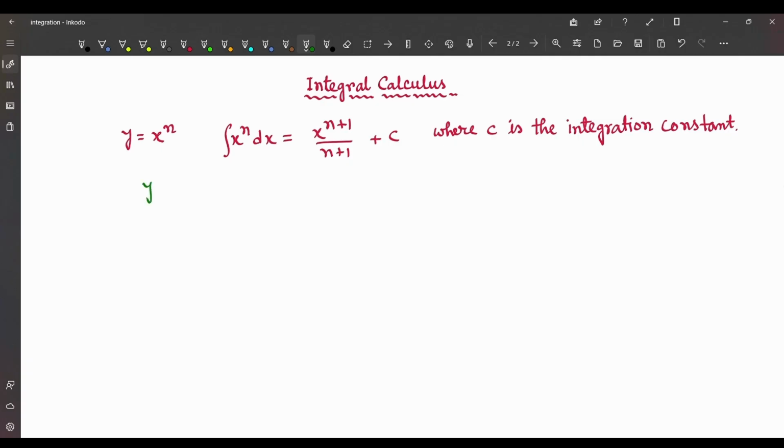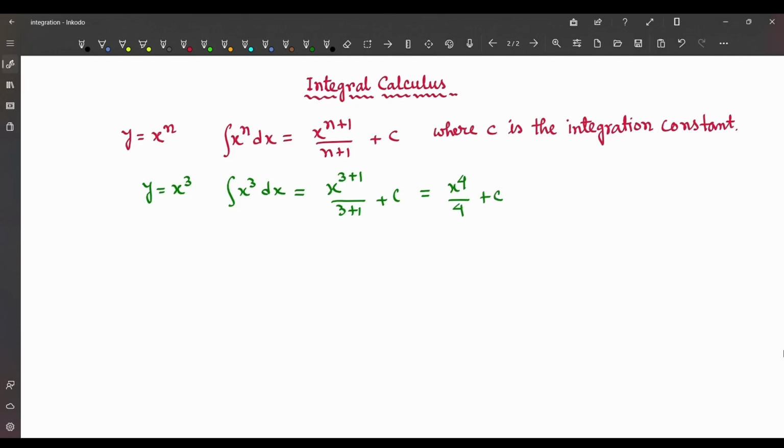Suppose y is equal to x to the power 3, then integration of x to the power 3 dx. Here we compare 3 as n of the basic formula, then we can write x to the power 3 plus 1 by 3 plus 1 plus c. Therefore, integration of x to the power 3 dx is x to the power 4 by 4 plus c.